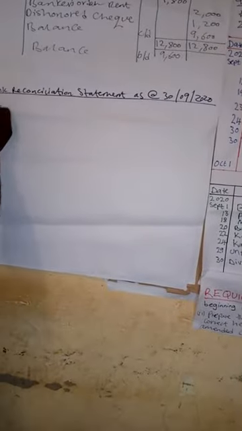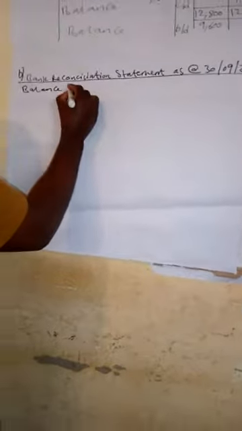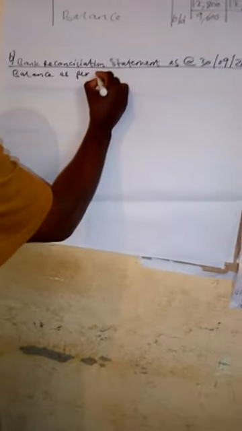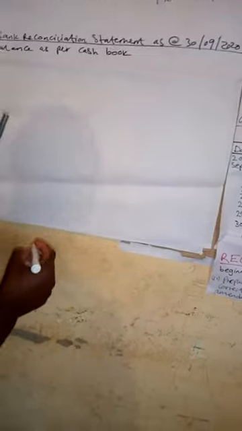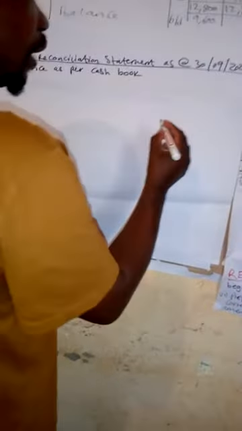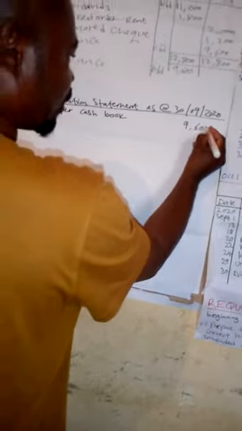With this one, we'll start with the balance as per cash book, and from the cash book there we have got 9,600.